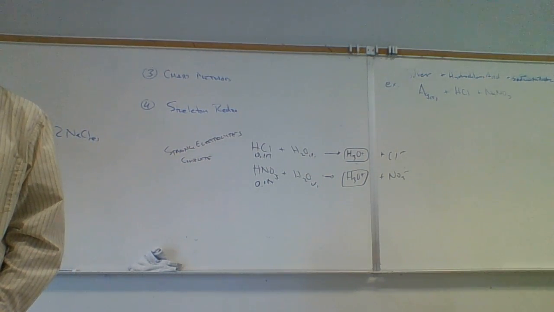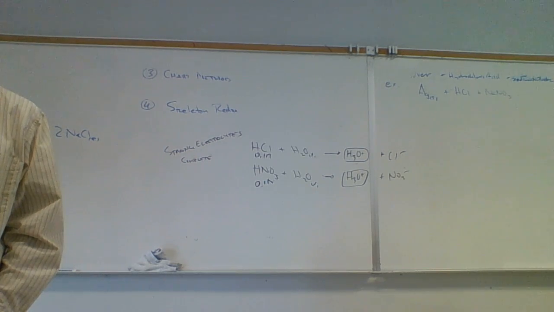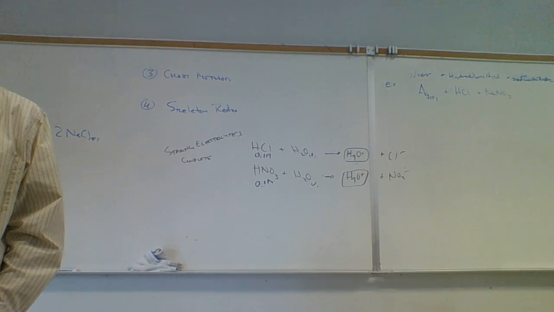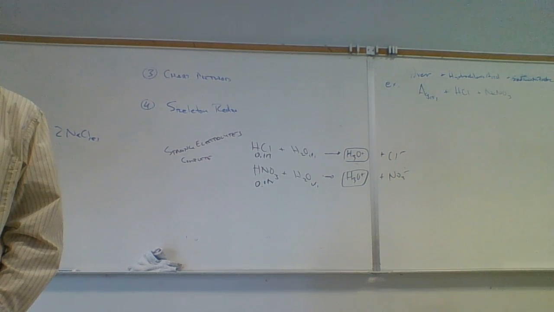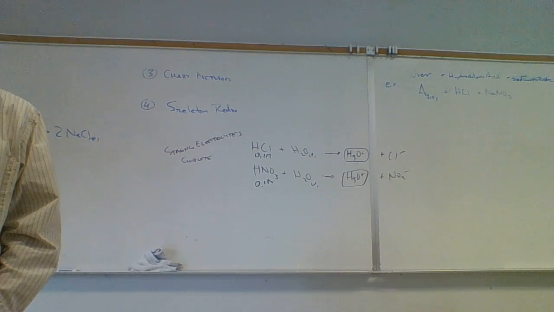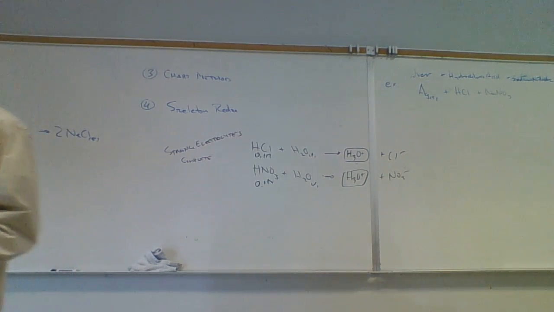So those are all species that completely ionize. Then we have the weak electrolytes. The weak electrolytes partially ionize or partially hydrolyze in water. The weak acids and the weak bases partially ionize and partially hydrolyze in water. Then we have the non-electrolytes like sugar and alcohol. The non-electrolytes do neither of those.